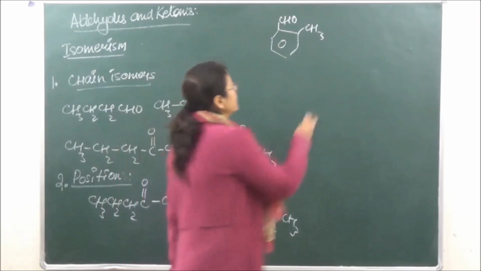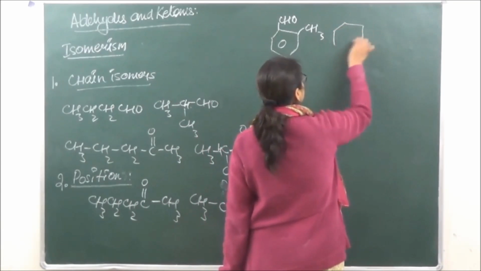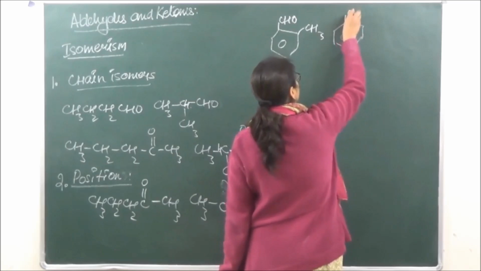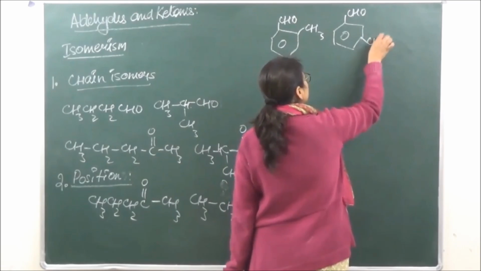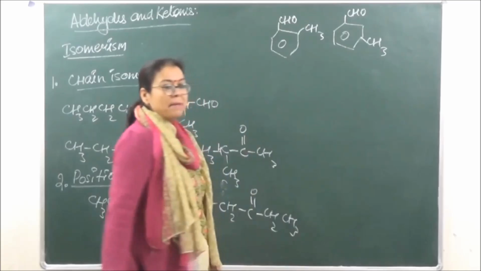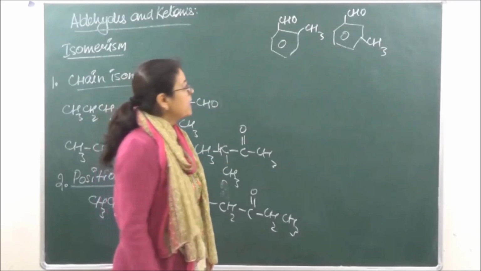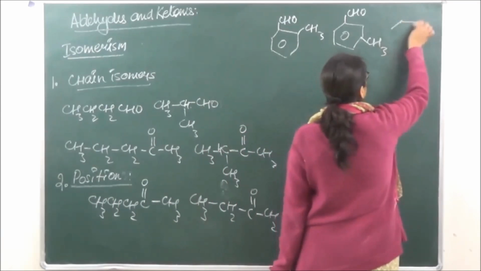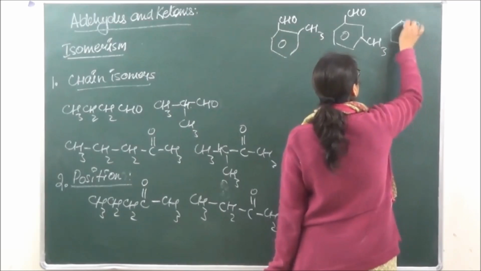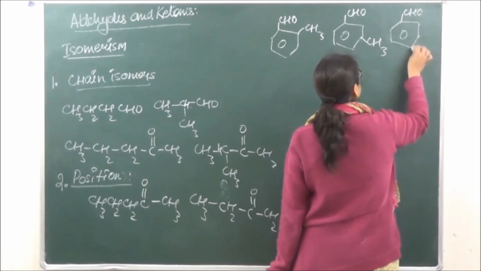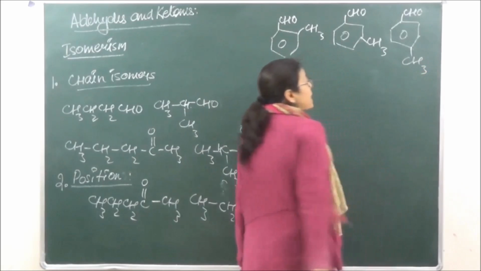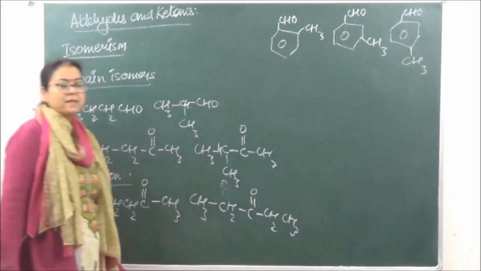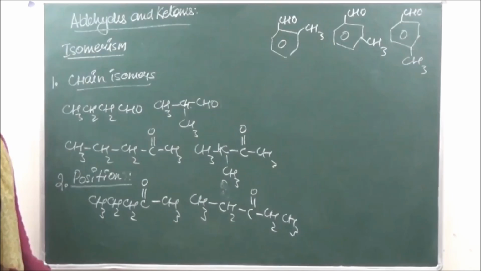Orthomethyl benzaldehyde. इसका जो आइसोमर बनेगा, metamethyl benzaldehyde, and we have paramethyl benzaldehyde. ठीक है? So this is how position isomerism can be shown.